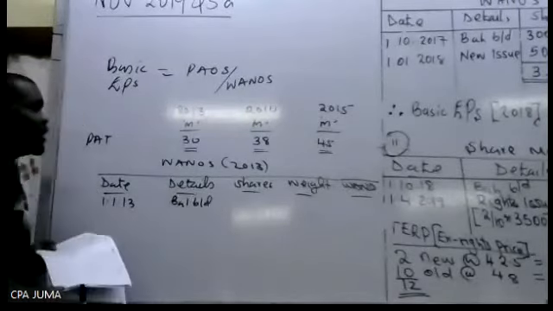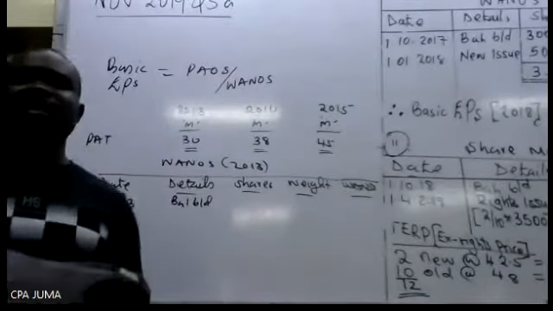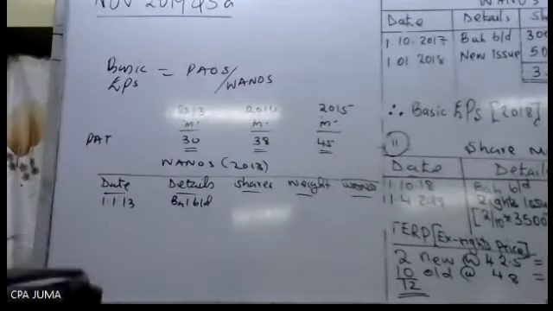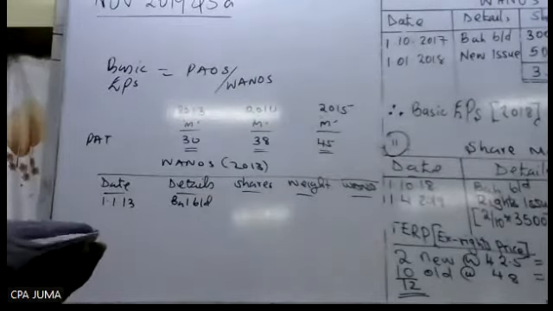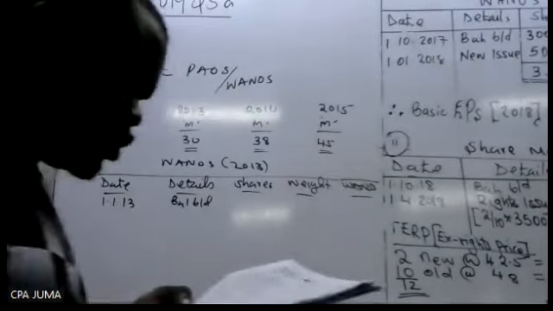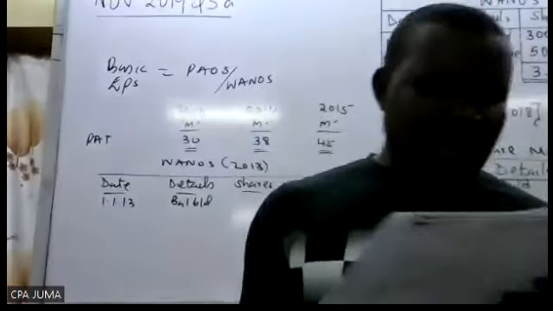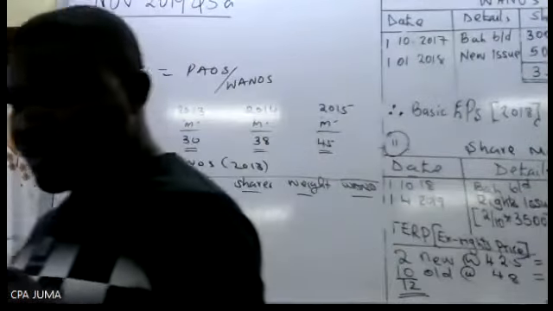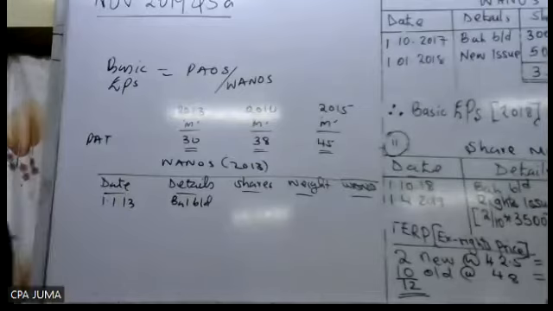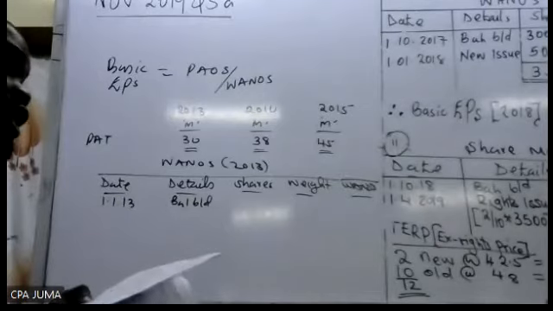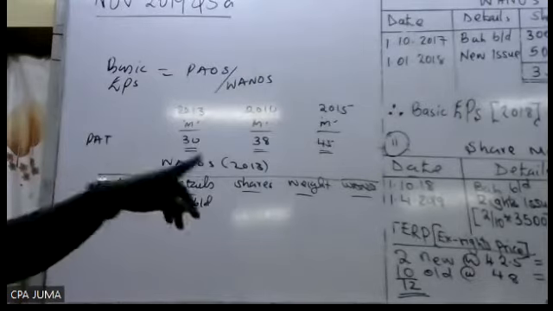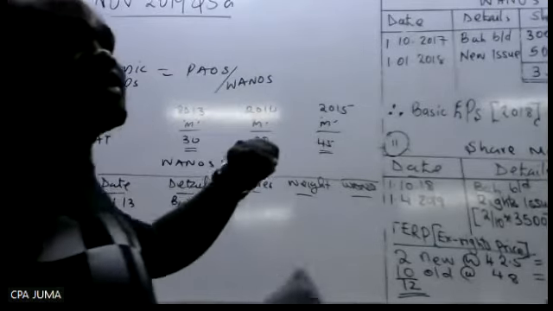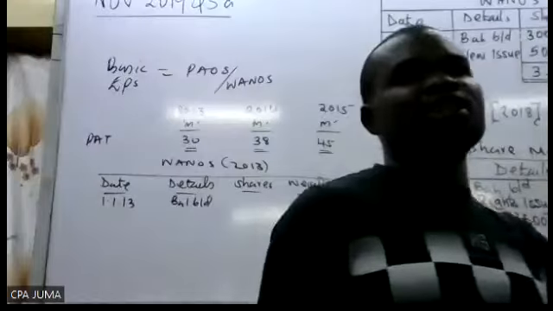How many shares were there at the start of 2013? On 1st February 2014, a rights issue. Before the rights issue, the number of shares outstanding was 5 million. That should be the opening, because the rights issue took place almost at the beginning of 2014.